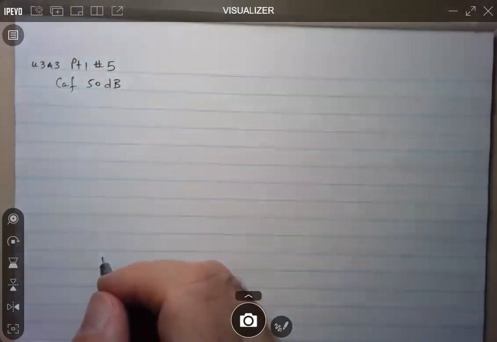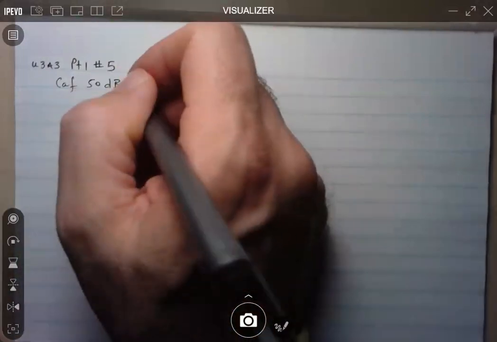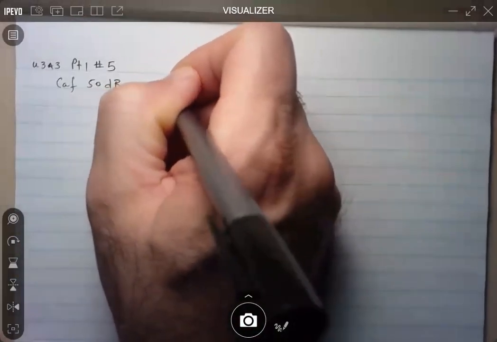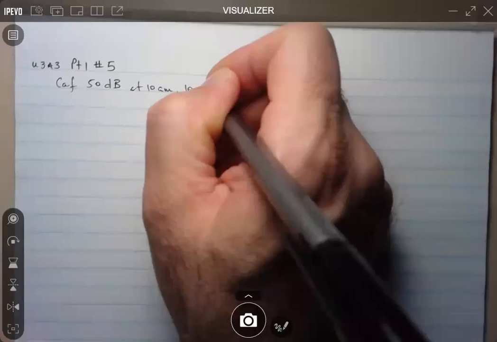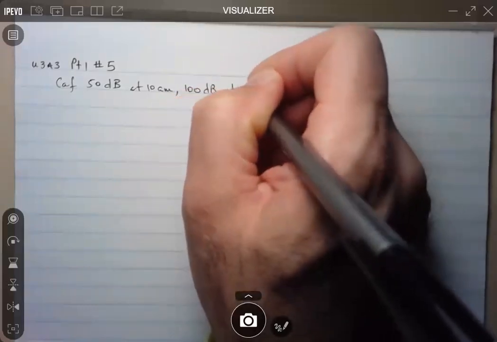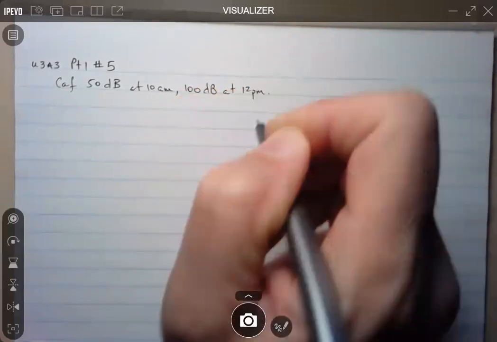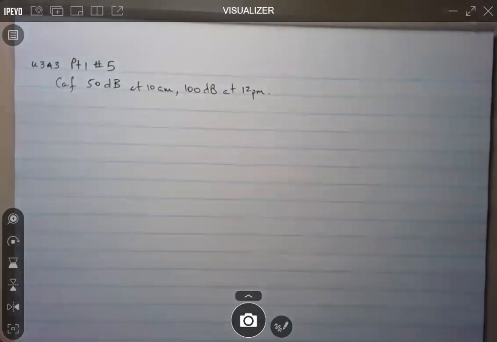This is at different times. So this is at 10 a.m. And then it's 100 decibels at 12 noon. Okay. By what factor does the intensity of the sound increase at lunchtime?